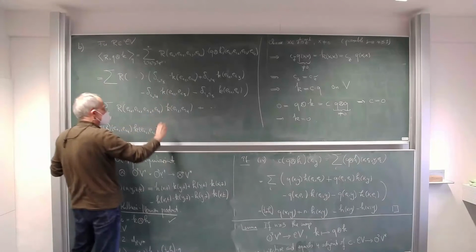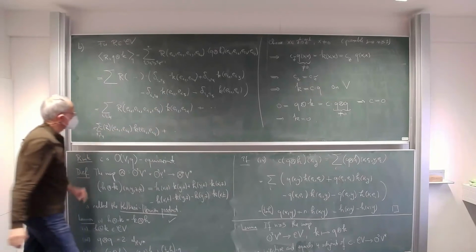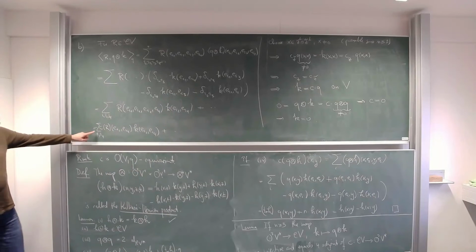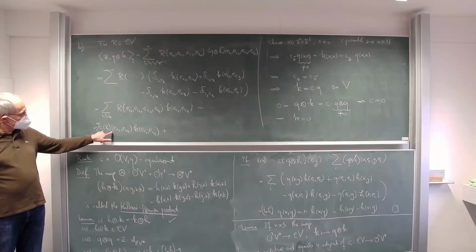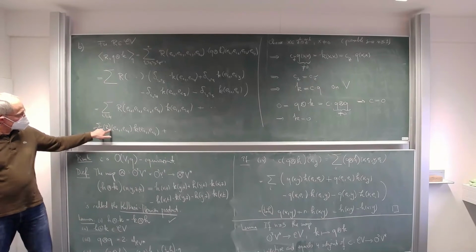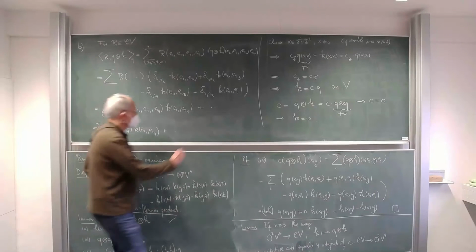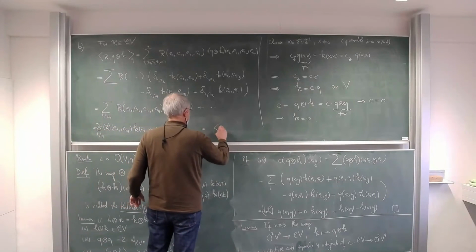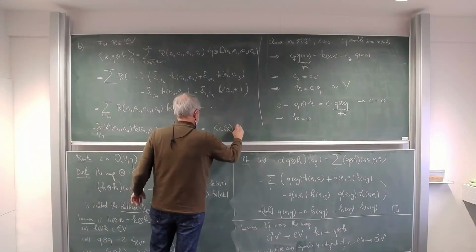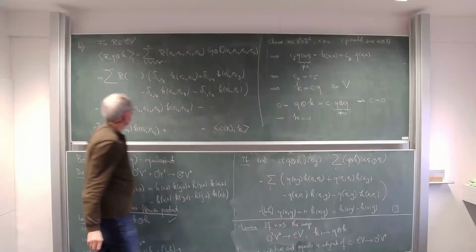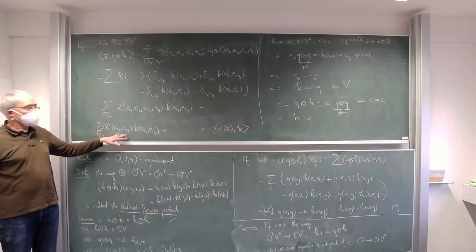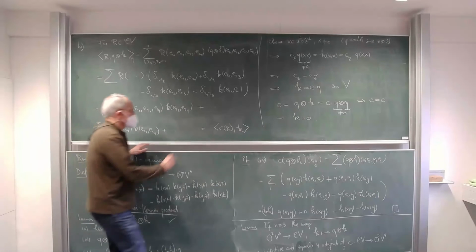And then the other three terms are similar. And this I recognize as the scalar product of this bilinear form with that bilinear form. So that's the scalar product of C of R with K. And the other three terms give me exactly the same result. This is why I get a factor of 4 here.